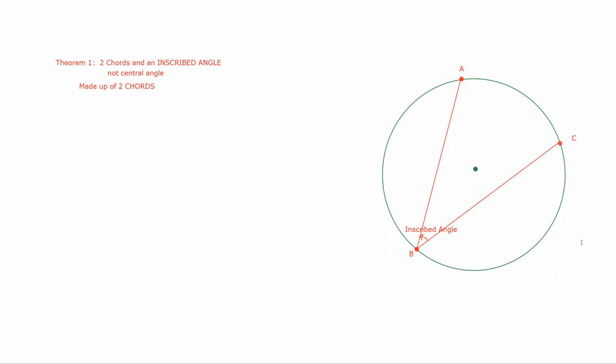All right. There is a theorem that goes with this situation, and it's the inscribed angle equals 1/2 the measure of the arc that it encloses.